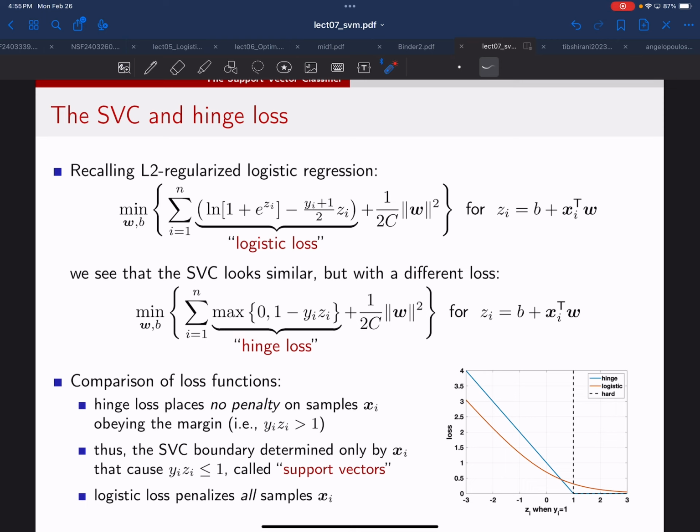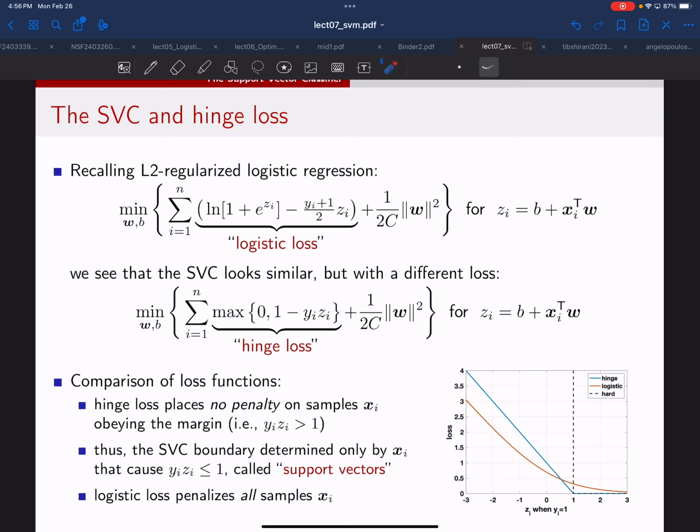In which case this is a nice simple shape. It comes down with a slope of 1 until the value 1, and then it just moves to the right with slope of 0 and value 0. This thing is called the hinge loss. Now you might ask, well, okay, I understand that. Well, how does this loss look like? Well, that is, logistic one looks like this.